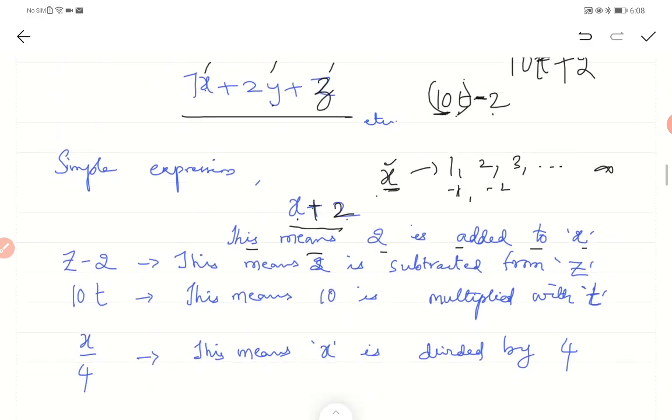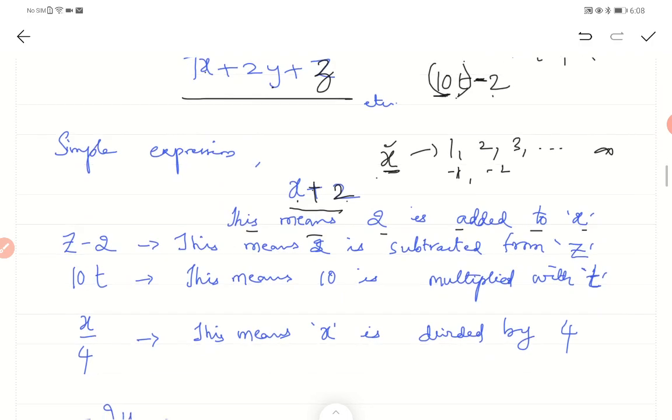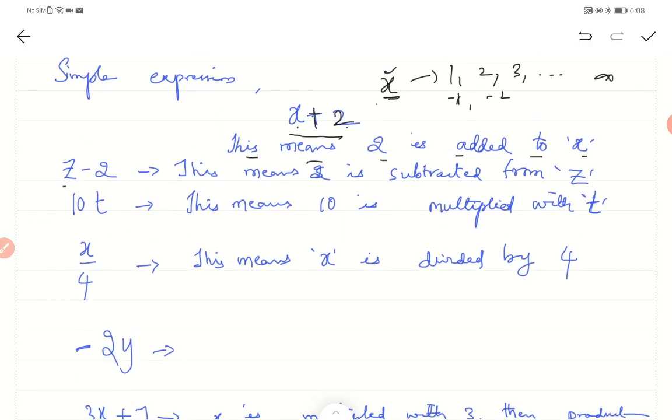So let's see a few more examples. These are all simple expressions. I have z minus 2. This means that 2 is subtracted from z, or you can say from z I am subtracting 2, or I am taking away 2 from z.